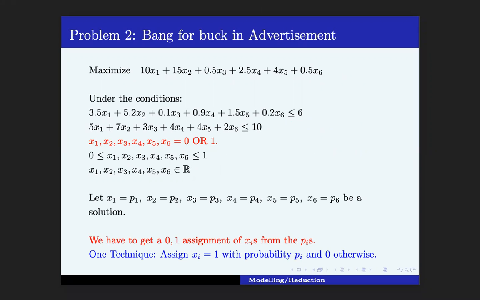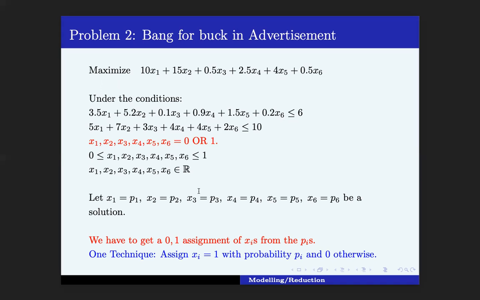But now if I make x1 equal to 1 with some particular probability and 0 otherwise, it might be that it will make all the exercises 1. And there's no guarantee that that assignment will satisfy all the constraints.